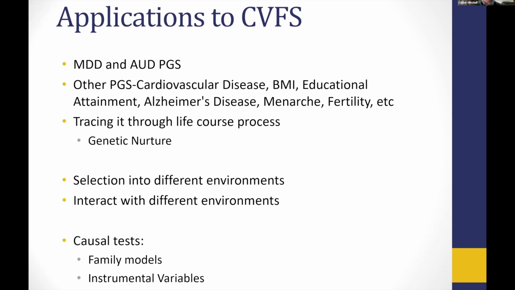Just seeing if they predict at all is helpful, is interesting. Seeing if they predict into different environments, or if they're correlated with different environments. Does it predict the same in the Terai, Tibeto-Burmese, or some other group?